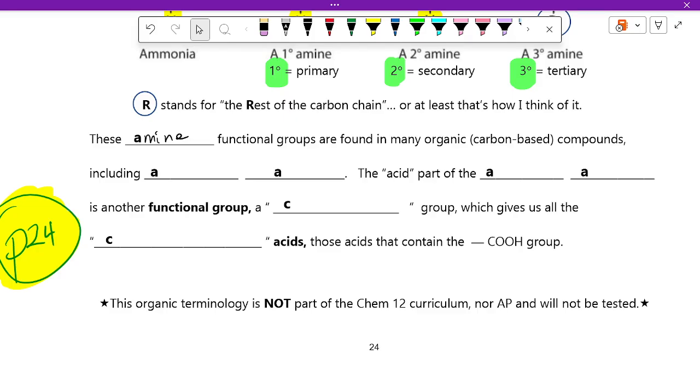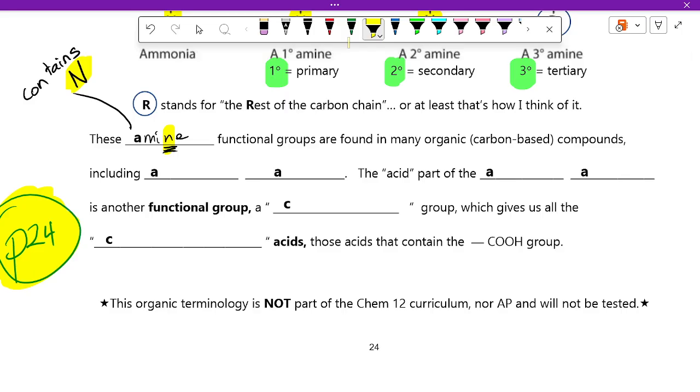No? Which element does it contain? Which one? Nitrogen. And you know what? Amine. Yes? Nitrogen.